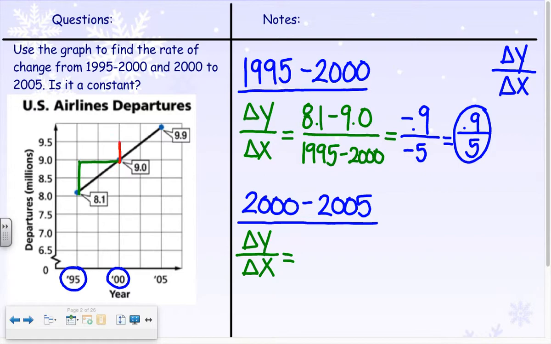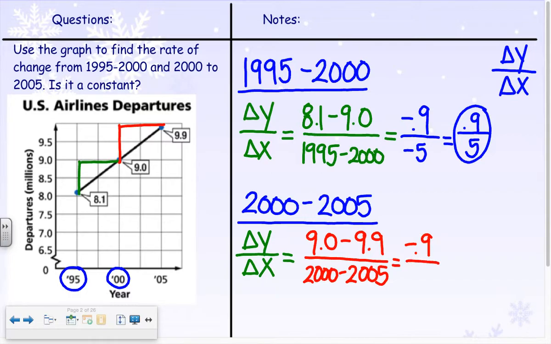I've got 9.0 minus 9.9 over, and I went from 2000 minus 2005. Keep in mind that change is subtraction, so that's why we're always doing subtraction to find the change. 9 minus 9.9 is negative 0.9. 2000 minus 2005 is negative 5. So once again we have a rate of change of 0.9 over 5.